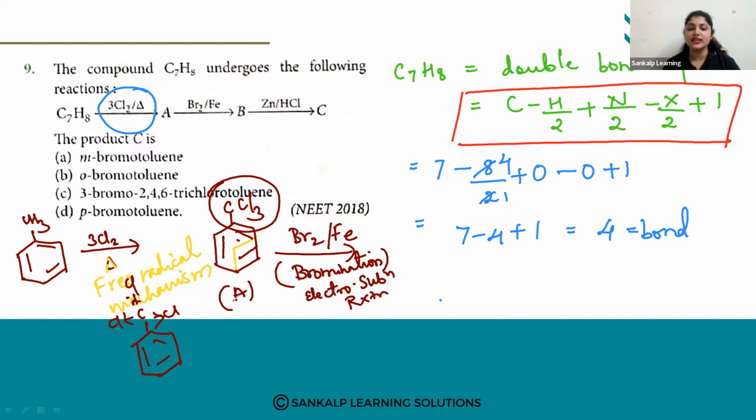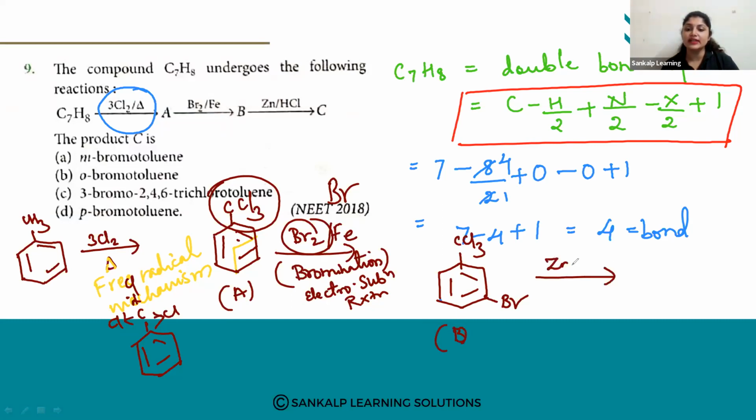So in this case, what will happen? The incoming electrophile, which is Br, will get substituted at the meta position. So this will be CCl3 and this will be Br. This is our B. This is further treated with Zn and HCl.